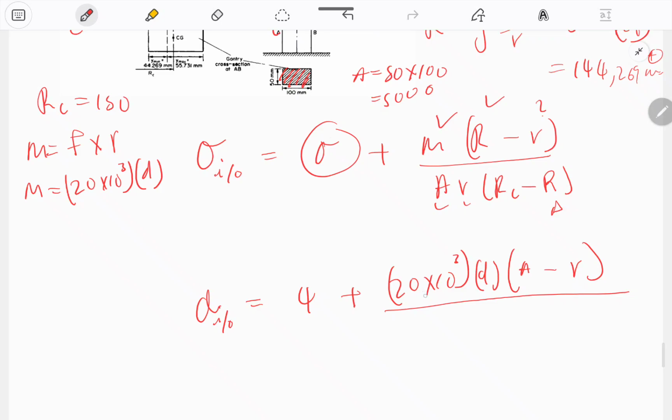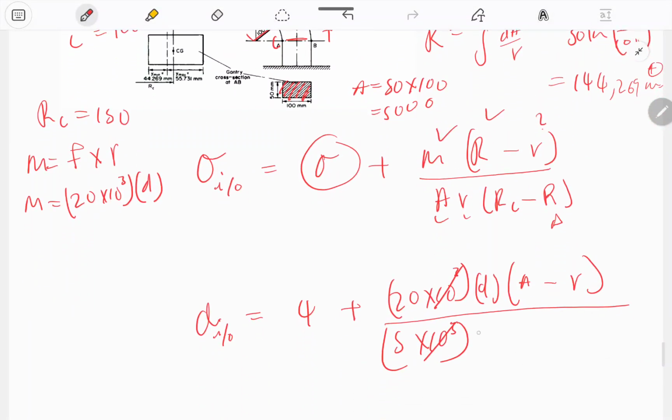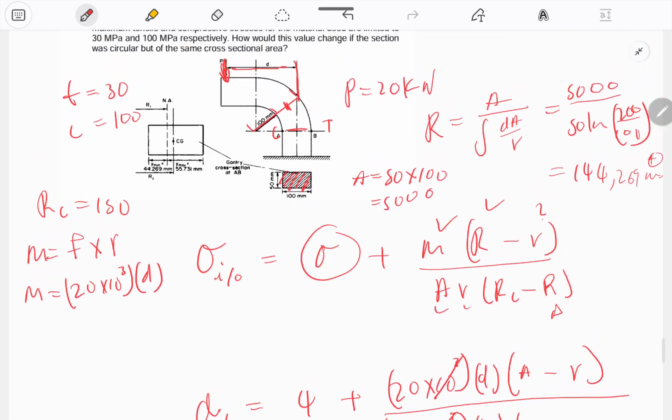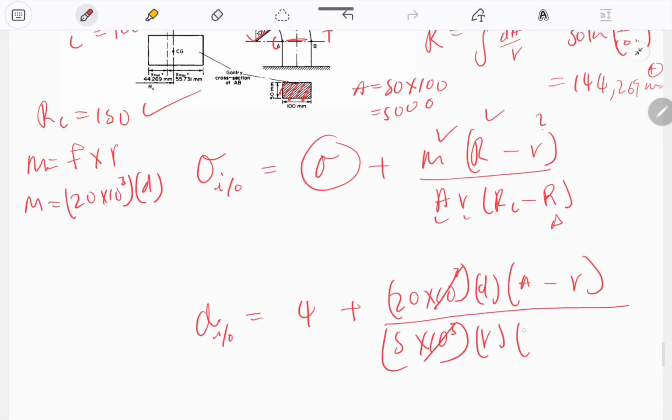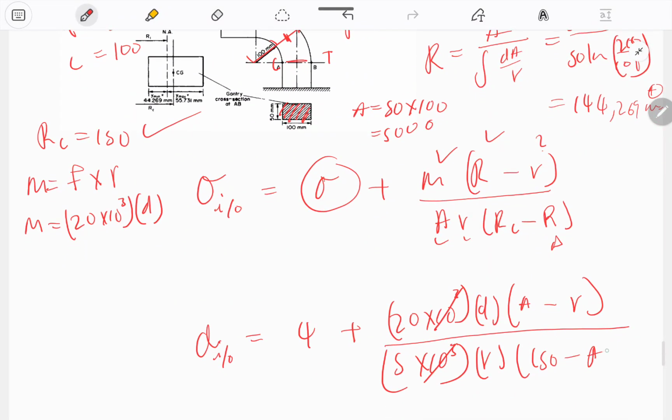All over area was 5,000. I think I should just write it as 5 times 10 power 3, so that I can easily see that it looks the same as that one. R that we're interested in, we haven't decided. RC centroid, I think we decided to be 150. Not we decided, we calculated, minus neutral axis, if we just dot at A.